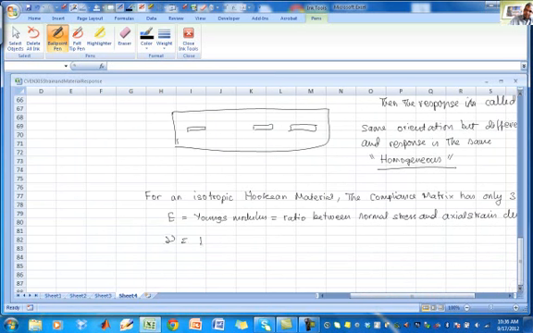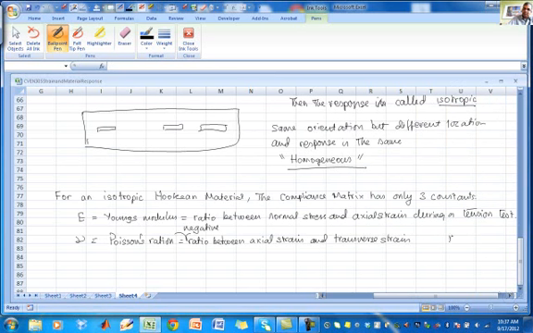Nu is Poisson's ratio, which is the negative ratio between transverse strain and axial strain during a tension test.